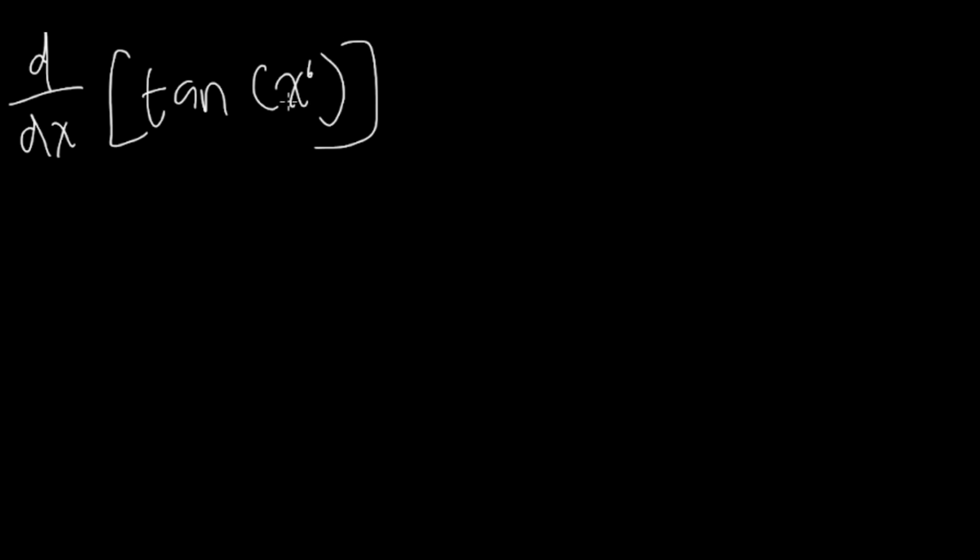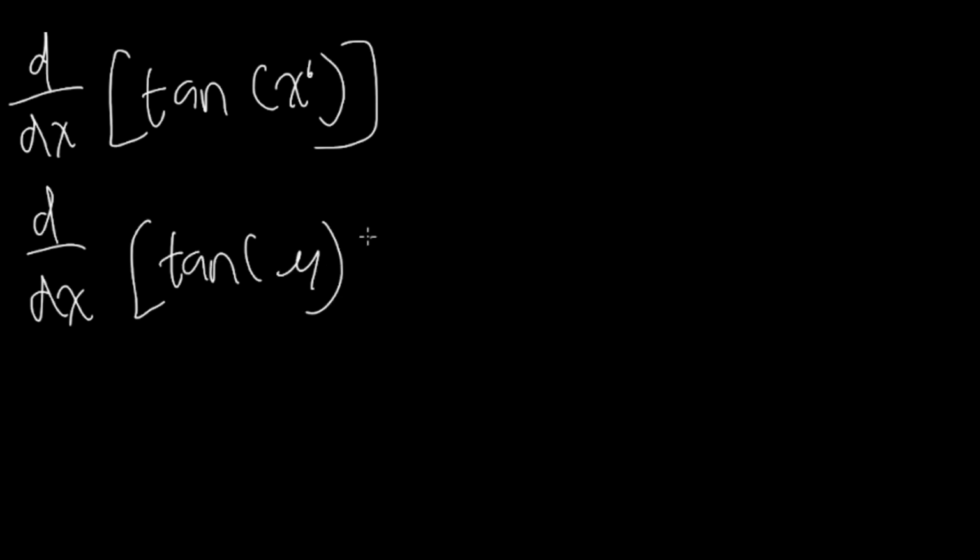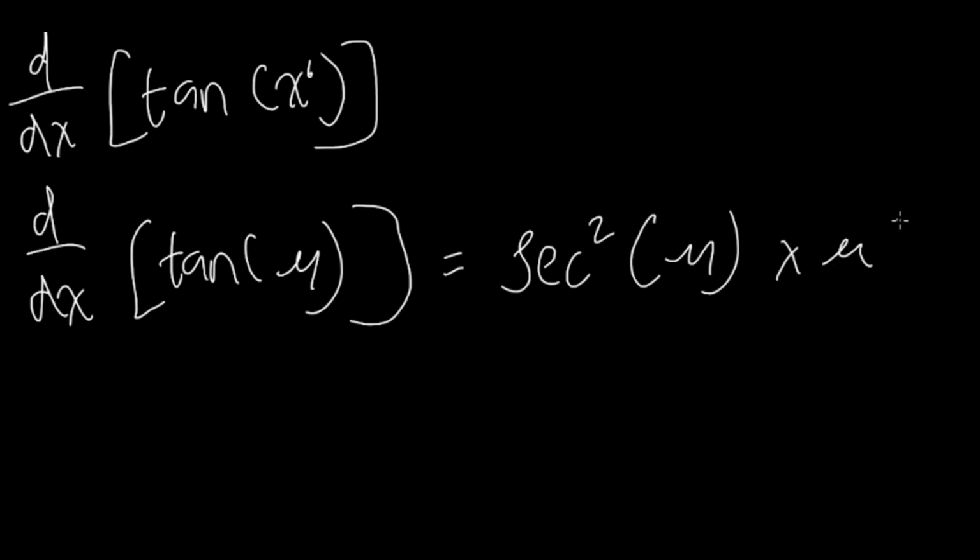Alright, so we are aware that the formula for the derivative of tangent of any u is equivalent to secant squared of u times u prime, and in this case u is equivalent to x to the power of 6. It would only be logical if u prime is equivalent to 6x to the power of 5.